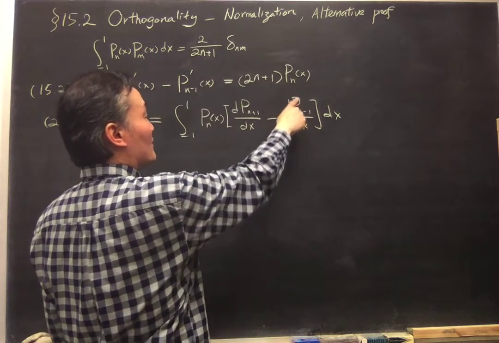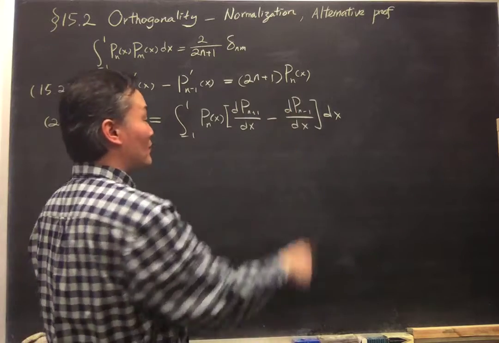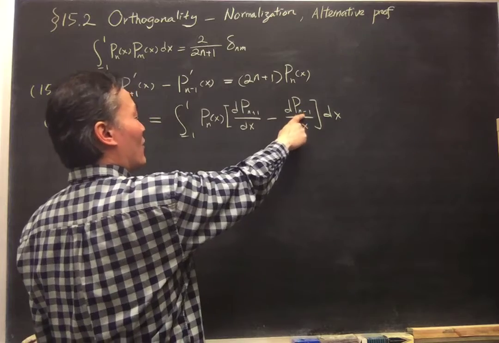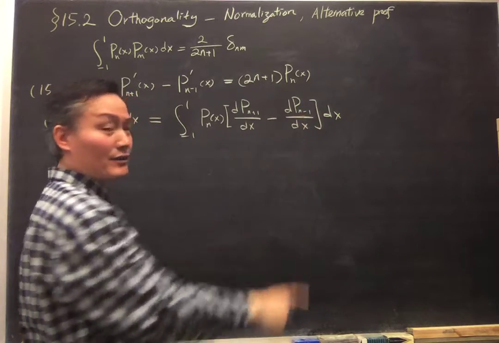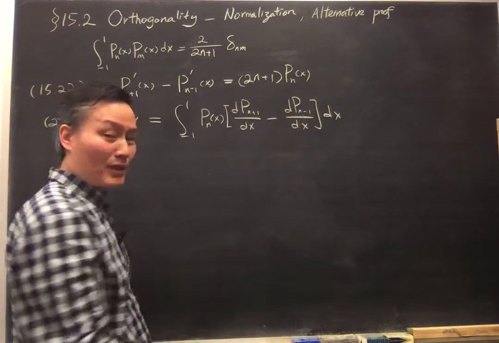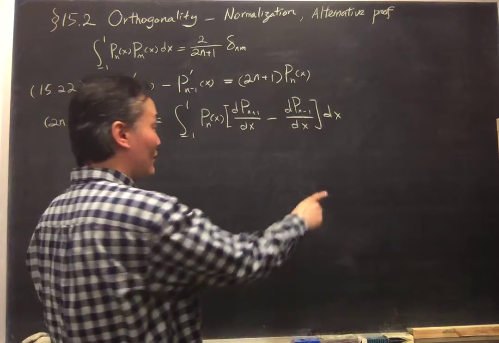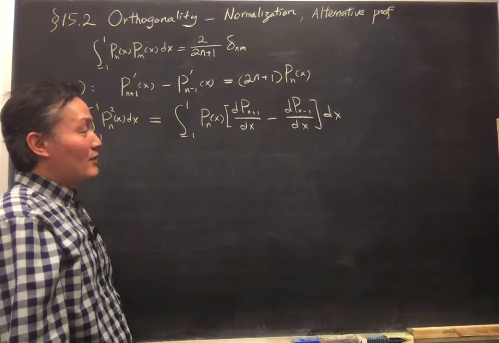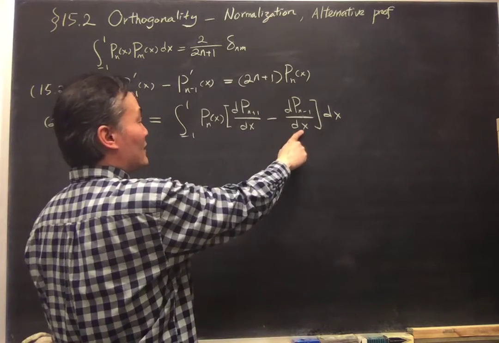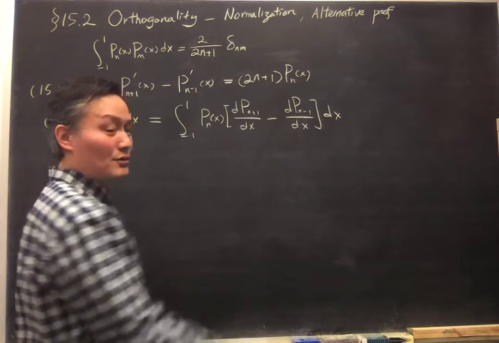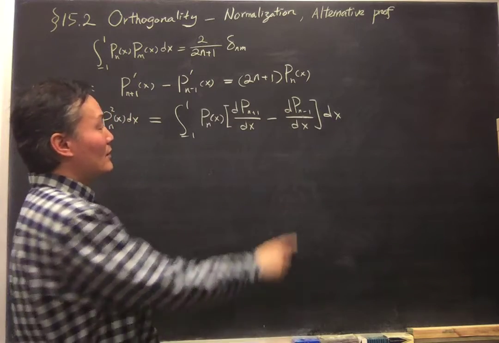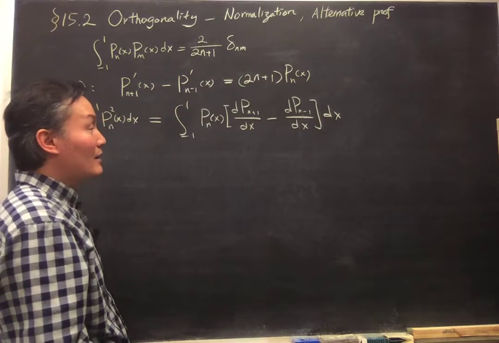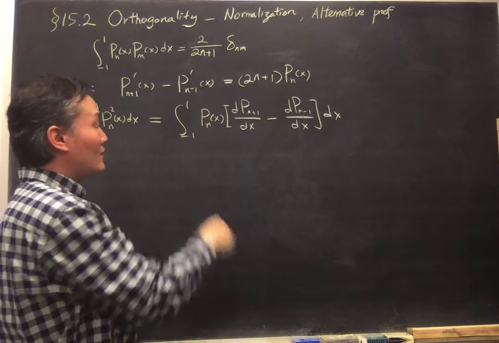Because this is P to the n minus 1, the highest power in x is x to the n minus 1. You need to take the derivative in x, so the highest power in x is x to the n minus 2, and then you multiply by Pn and do the integration.